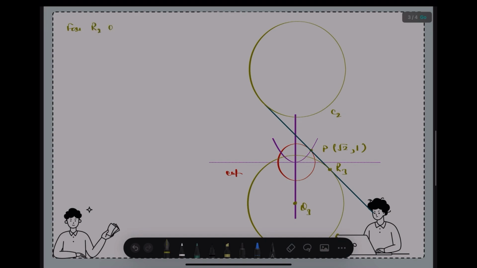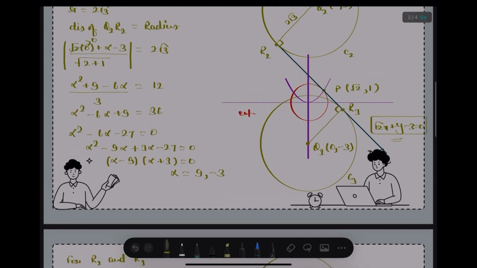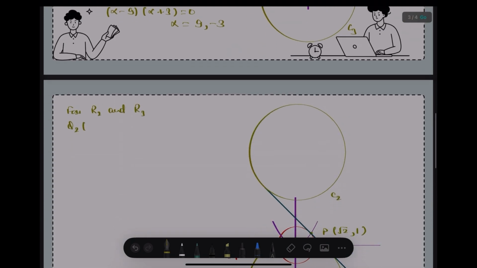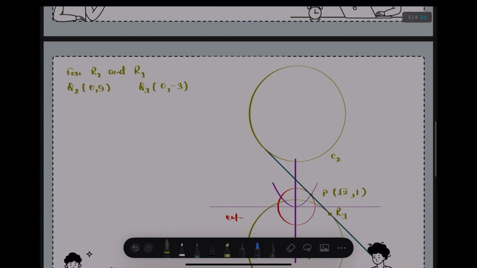What is Q2? Q2 was 0, 9. Q3 was 0, minus 3. Okay, now I'll find the foot of perpendicular.